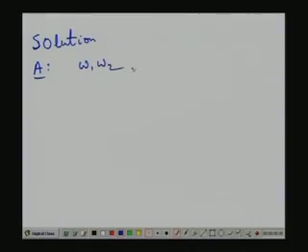First, solution A, approach A. Here, first let us find out how many pairs we have. That is, pairs like W1, W2 is one pair, W2, W3 one pair, W1, W3 one pair, and then W1, R1 one pair, and like that.